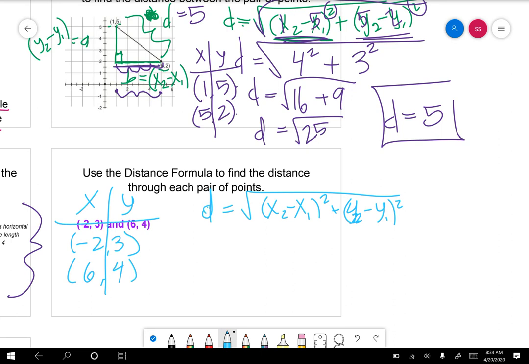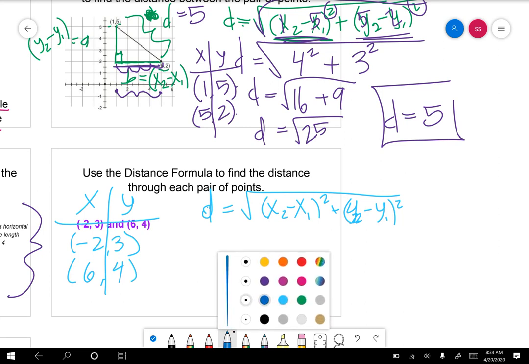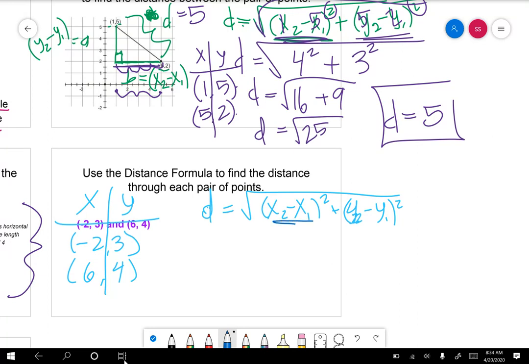All right, so this first part. What's the difference between the 2 x points? So what's the difference between -2 and 6? Again, difference just means subtracting, right?